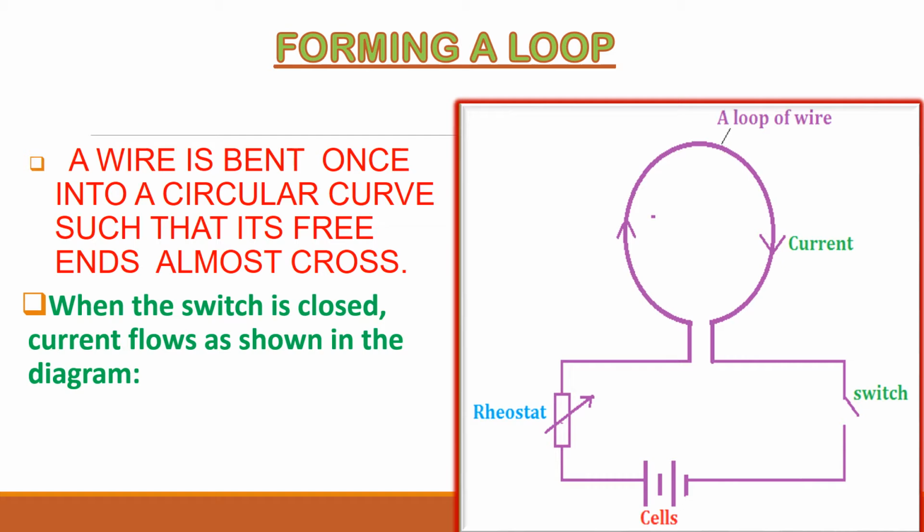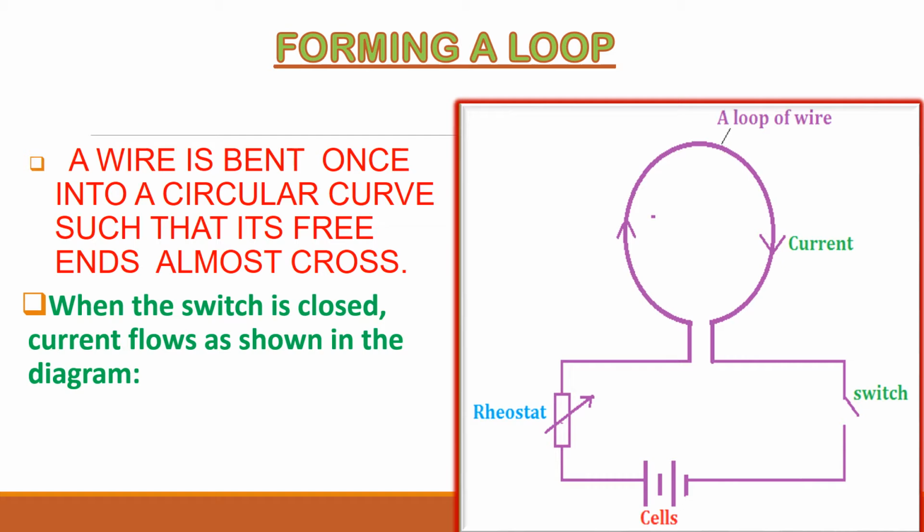So when such a wire is connected to a source of power, then it produces magnetic fields around it. So in short, a loop is just a single turn of a conductor.